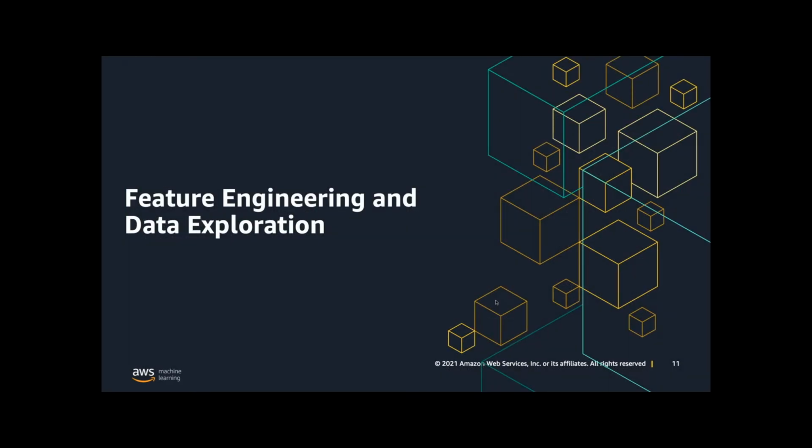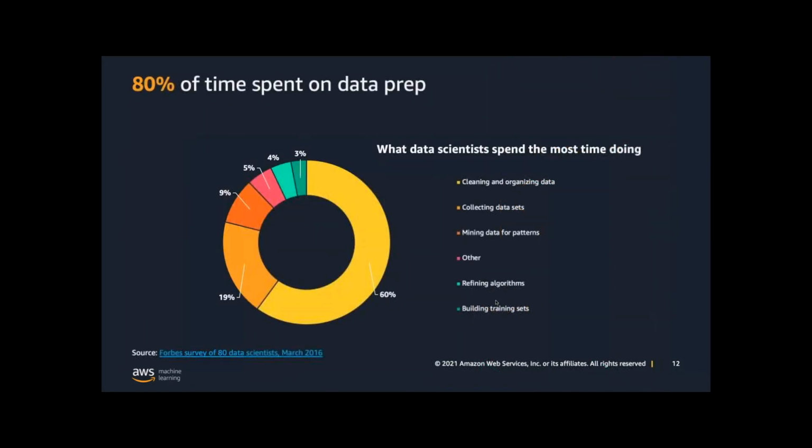So let me start with feature engineering and data exploration, right? One thing that is a reality is that 80% of the time in machine learning is spent on data preparation, right? That is the first step of building a machine learning model. So it's time consuming, and it consists of a few different steps.